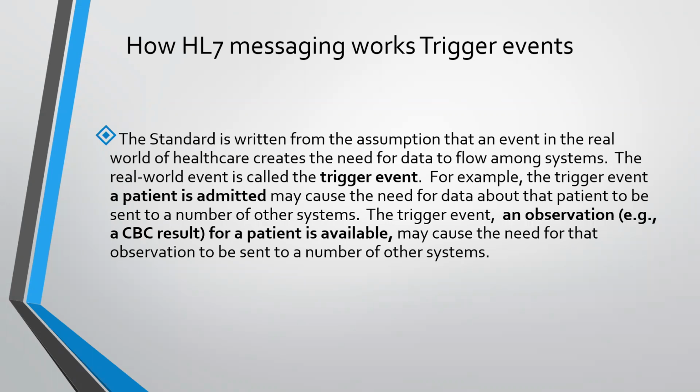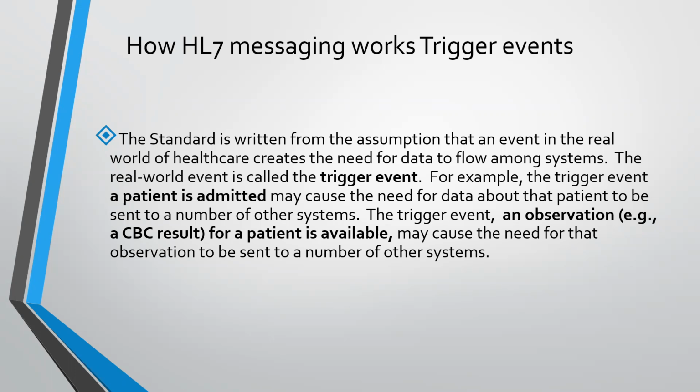The events where the data has to be transacted from one system to another are called trigger events because they are triggering the need for the data to be sent from one system to another. So HL7 is purely based on this aspect of trigger events.